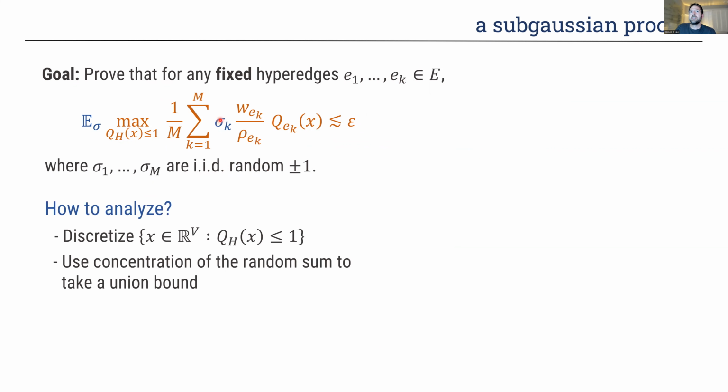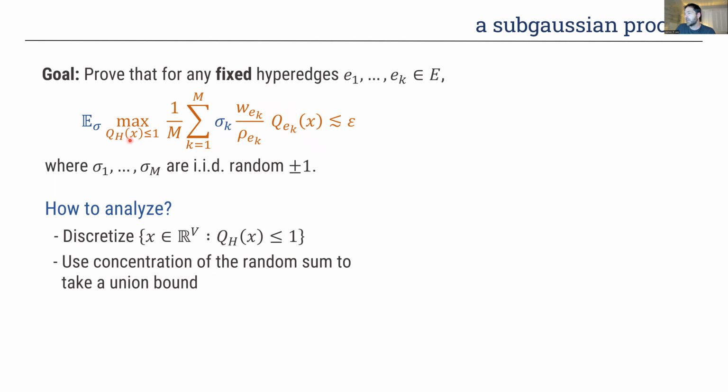Okay, so how can you analyze the expected maximum of a random signed sum? In the most natural way, first of all, we're taking the maximum over this continuous set of vectors. So let's discretize this set in an efficient way where the number of points in the discretization is not too big. And then let's try to say that this random signed sum, which looks complicated, is really just a bunch of signs times a bunch of terms.